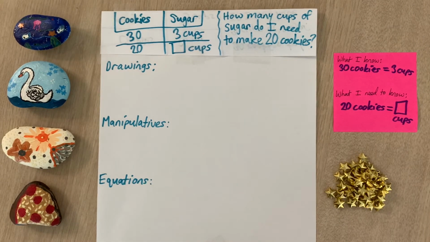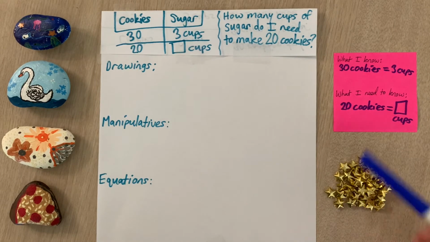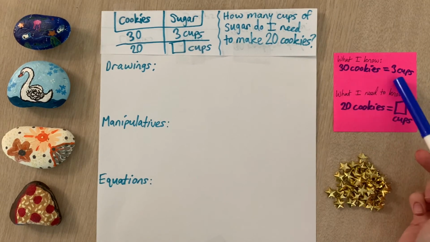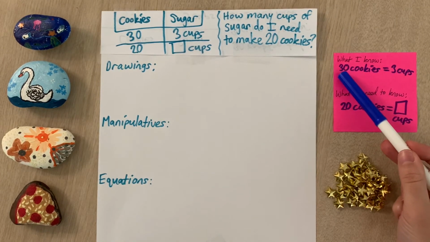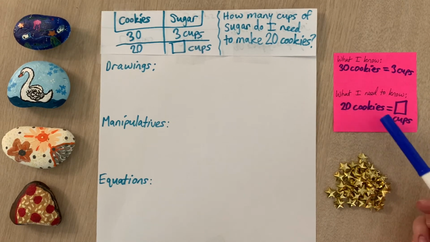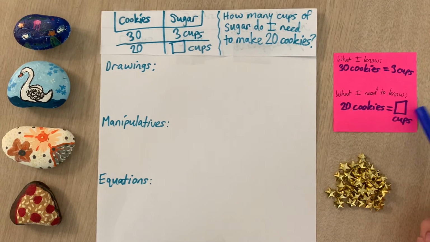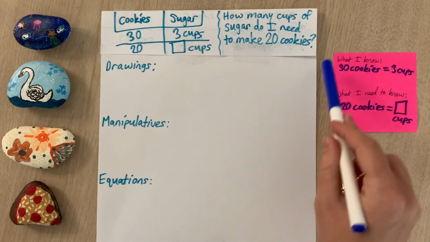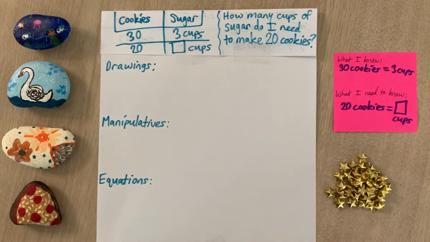Okay, so first things first, I want to point out that with 30 cookies and 3 cups, you get from 30 to 3 by dividing by 10. So 30 divided by 10 is going to equal 3, which means that 20 divided by 10 is going to give us the amount of cups that we need. And you'll learn about this process later, in a later lesson.